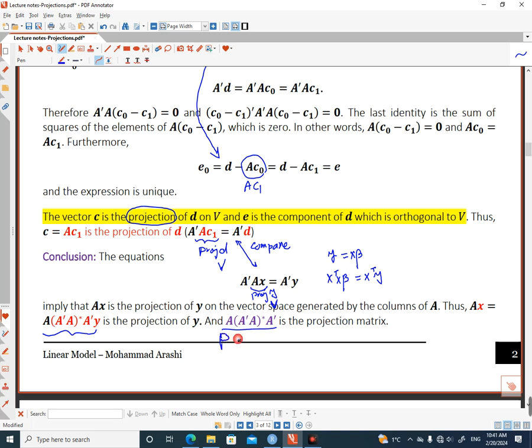So we can simply denote it by P. So in the equation of this form, the projection matrix is given by A (A prime A) generalized inverse A prime.